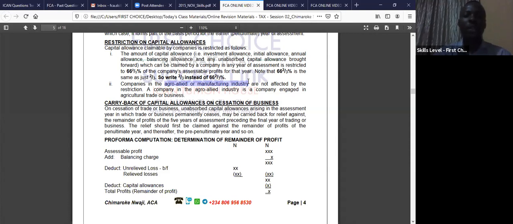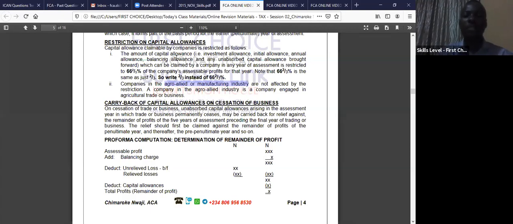So when you look at a question that you know you're going to do with capital allowance, ask yourself, is this business into agriculture? Is this business into manufacturing? If you have detected these 2 points, then you say restriction on capital allowance does not apply. For every other company, it applies.